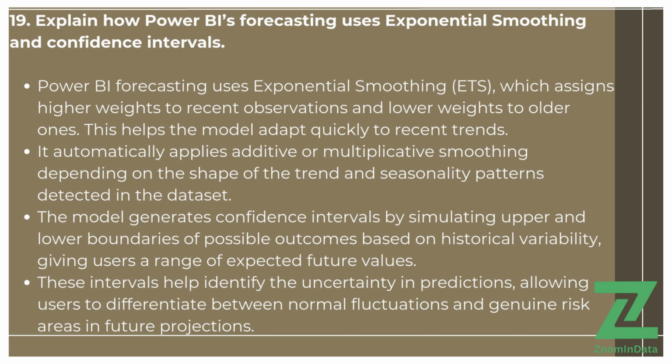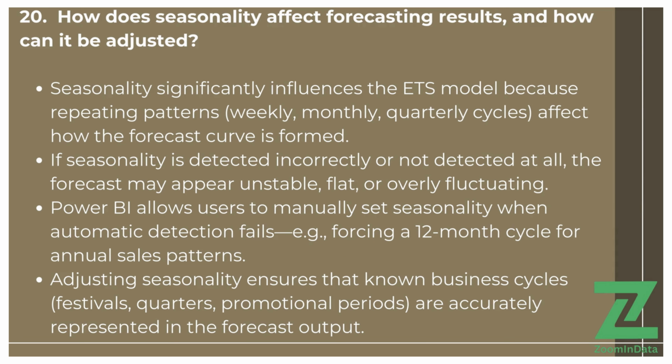20th question. How does seasonality affect forecasting results, and how can it be adjusted? Seasonality significantly influences the ETS model because repeating patterns, weekly, monthly, quarterly cycles, affect how the forecast curve is formed.